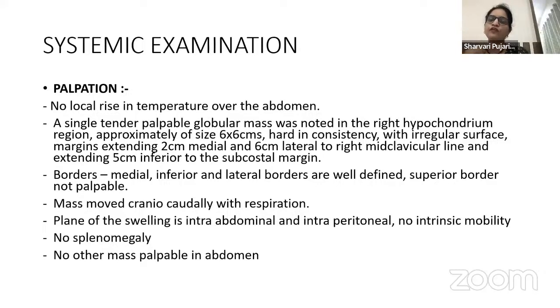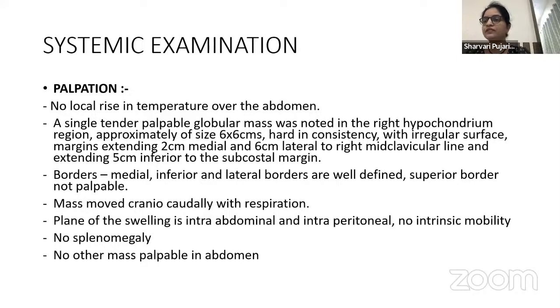What you want to convey to the examiner is the location of the mass and from which organ this mass is originating, right? Yes, ma'am. So with this information, what is your differential diagnosis? Now let's proceed to the next. The rest of the examination we hope is normal.